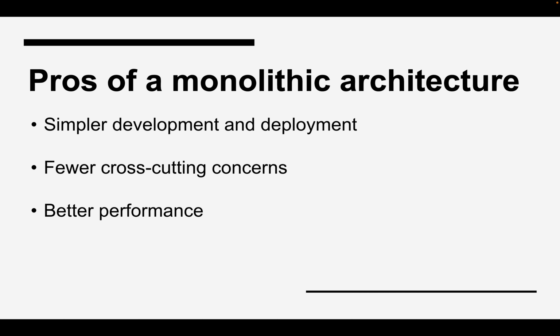And in some circumstances, monolithic architecture can have better performance because everything is running on the same machine in the same process. You don't need to switch from process to process, from machine to machine. You don't have network interactions between services, which usually results in better performance for simple transactions.